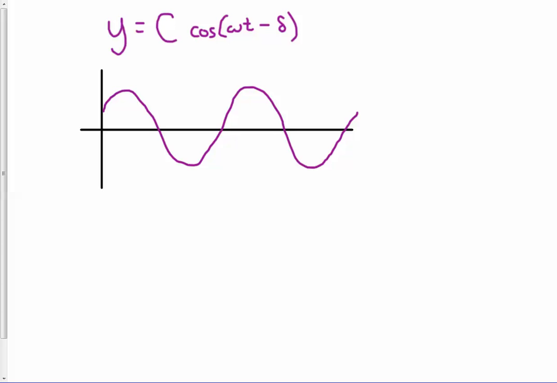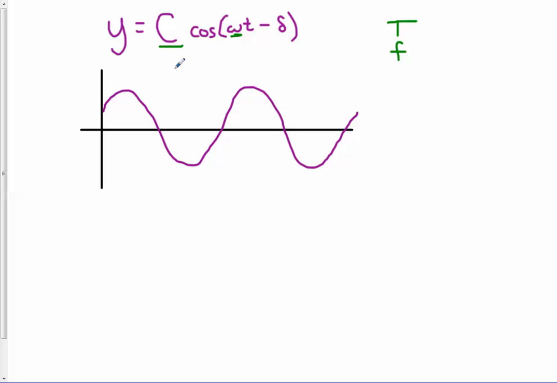Now, when it's in this form, we can a little more easily read off some additional information. First of all, let me just point out that we still have the omega, so we can still get the period and or the frequency from the omega using the same formulas. But now, because it's just a single cosine, right? Cosine by itself would on its own go up to 1 and down to negative 1.